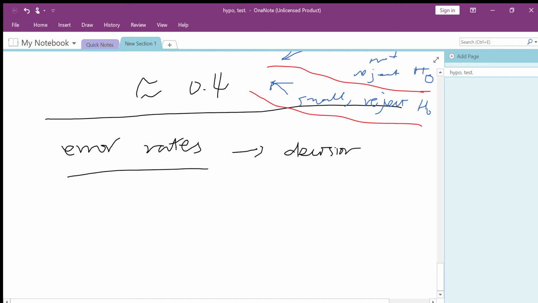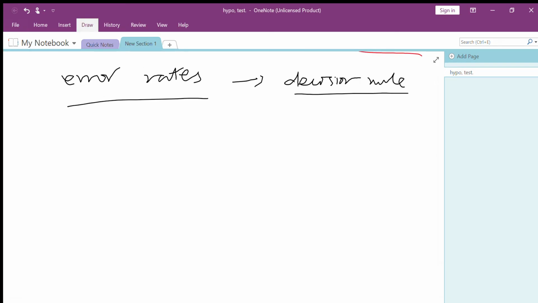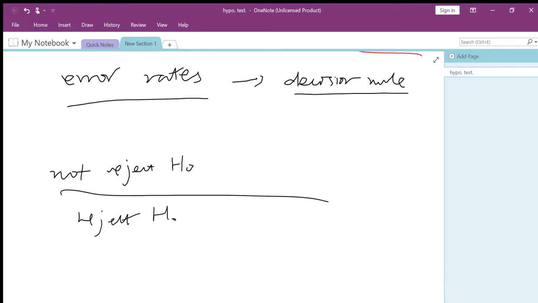A decision rule means we need to decide to reject or not reject H0. So what is an error rate? Let's see the definition. We would like to make the right decision, right? Not rejecting H0 is one choice of decision, and rejecting H0 is another choice. We just have two choices for making a decision.